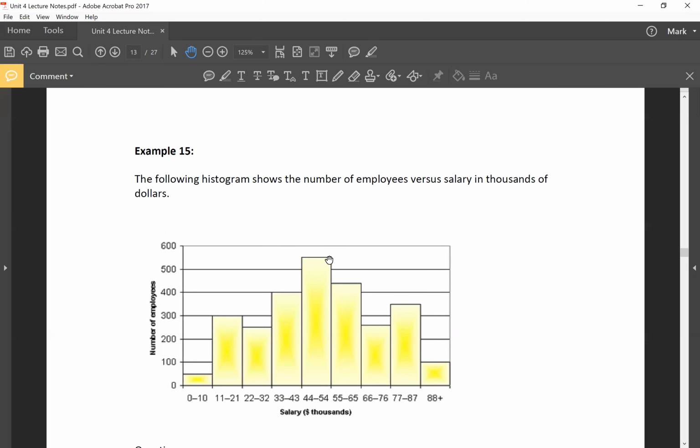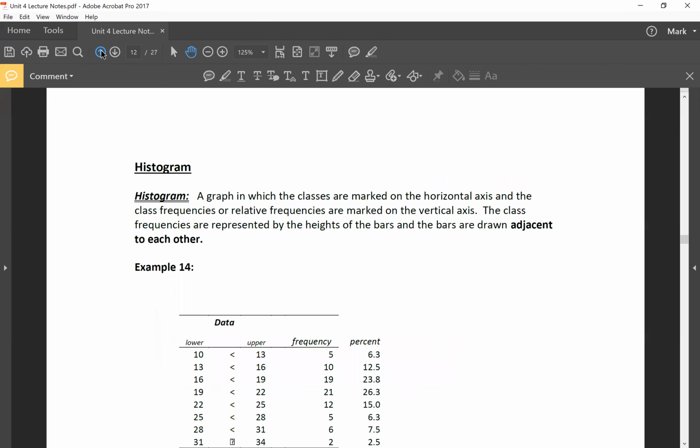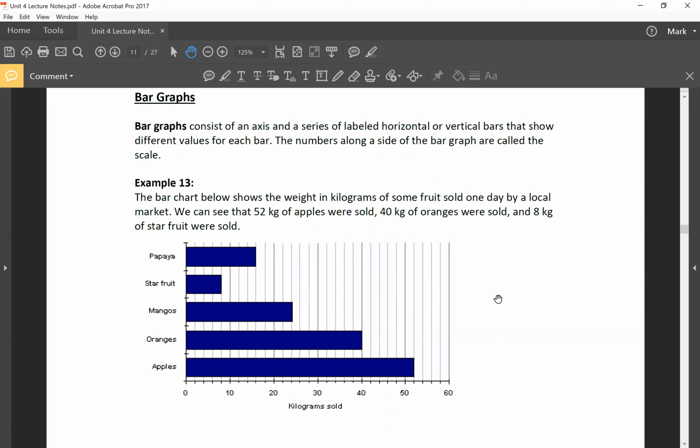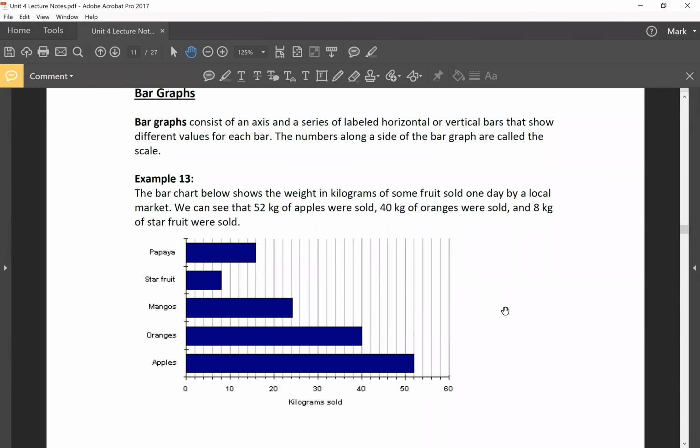Now, this is a histogram. This is a little bit different, but still the same type of information. I'll explain that in a minute. But this is a horizontal bar graph. The bar chart here shows the weight in kilograms of some fruit sold one day by a local market.